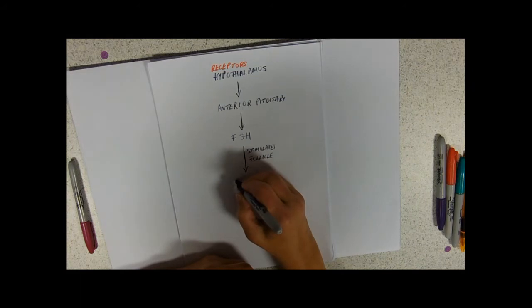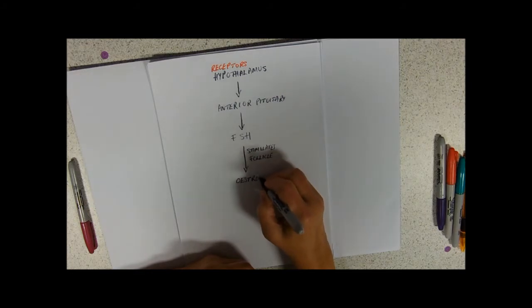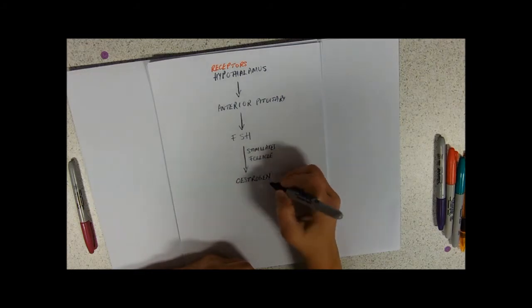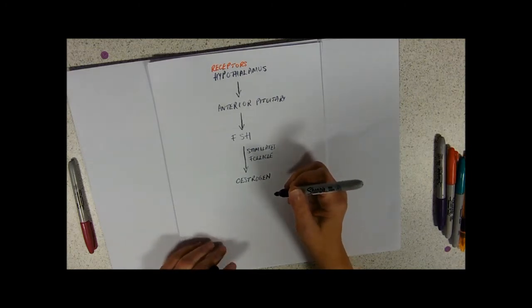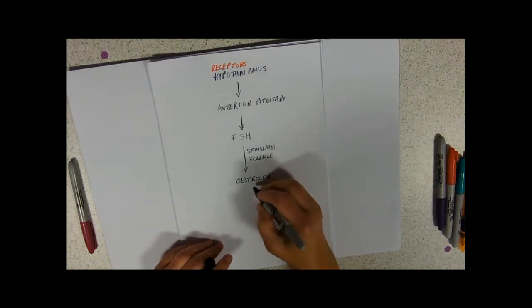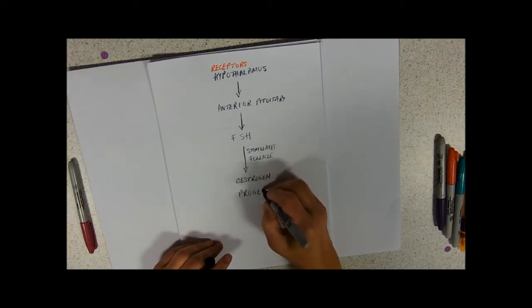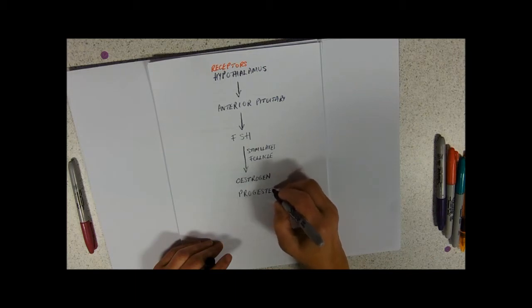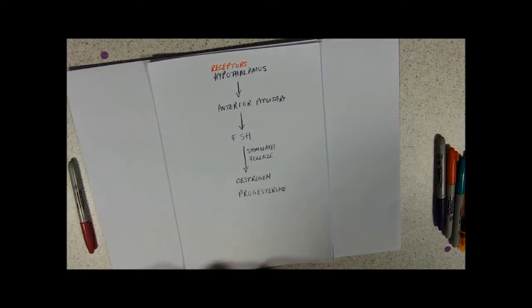And the follicle will then churn out estrogen. Don't forget, if you're using American sites, they're going to call it estrogen. And then later in the luteal phase, all those bits of follicle that are left behind in the ovary will churn out progesterone.